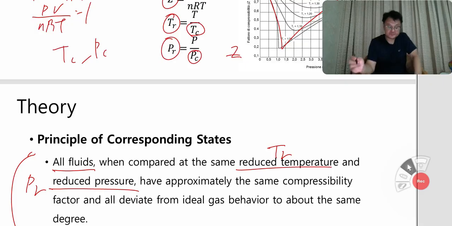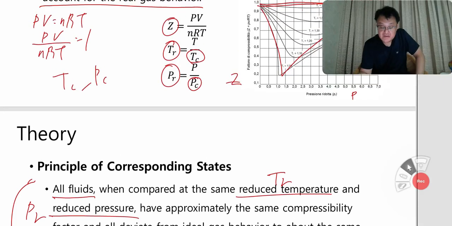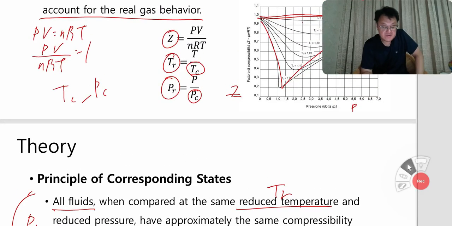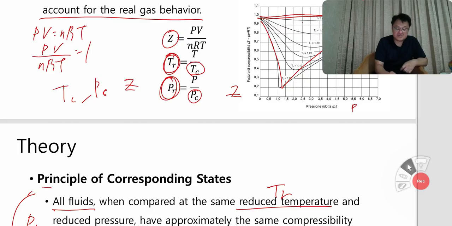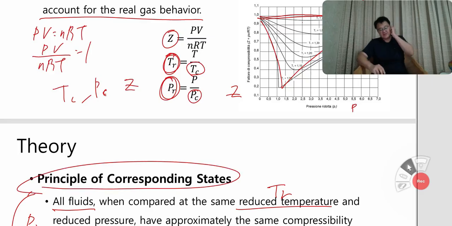And even if the Tc and Pc values for different substances are different, when you compare the Z value at a given Tr and Pr value for many substances, the Z values are quite similar. That is the principle of corresponding states.